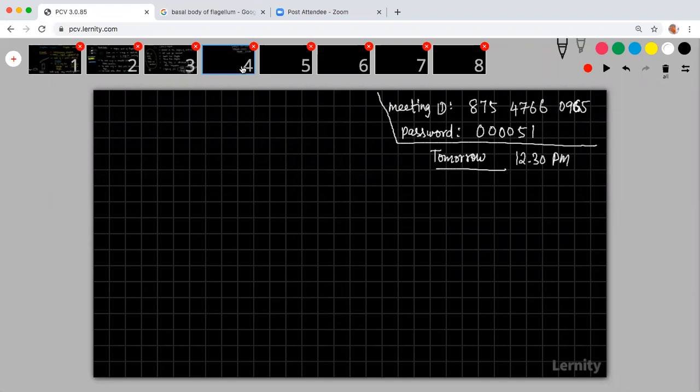So next thing, pili is made up of protein that is called pilin.